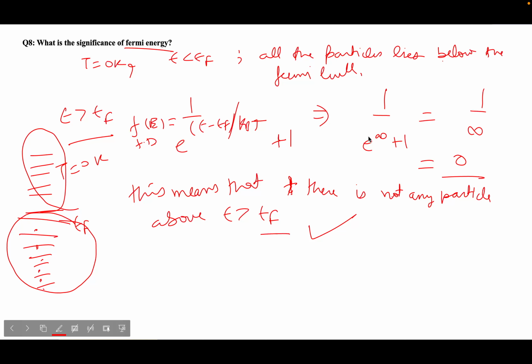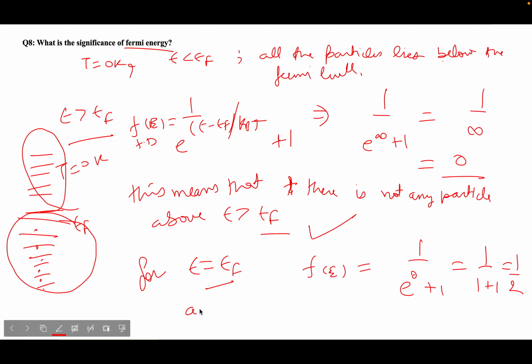So this is the significance of this Fermi energy. We just studied for 0 Kelvin, and for E equal to EF, F of E is equal to 1 over e to the power 0 plus 1, that is 1 over 1 plus 1, that is equal to half.